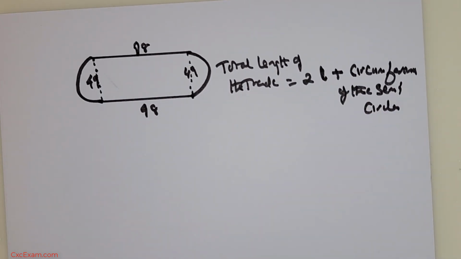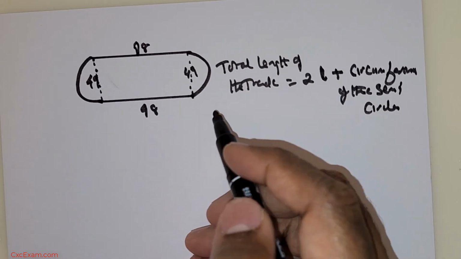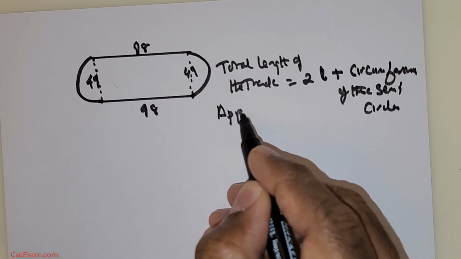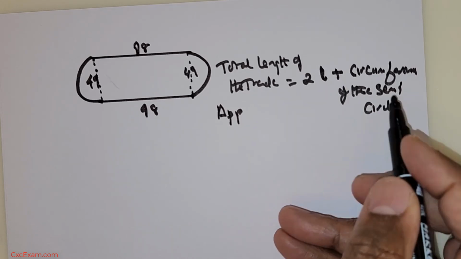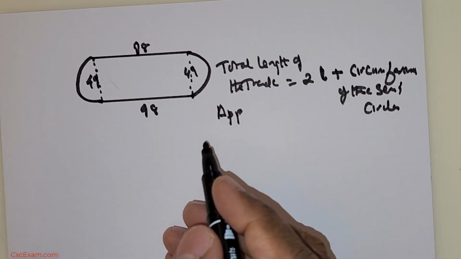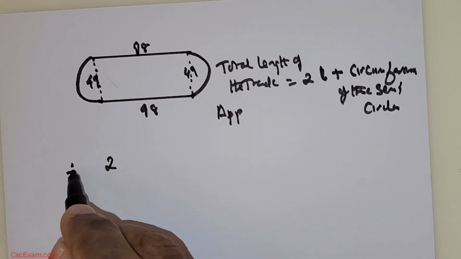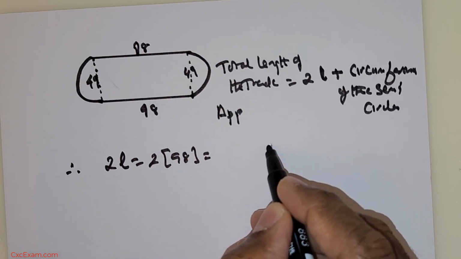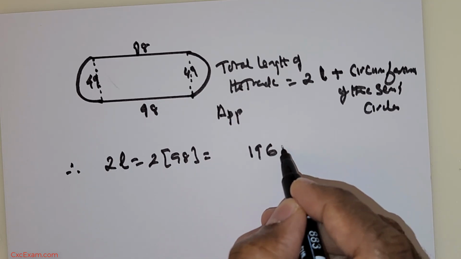If you want to create an application that can calculate all the tracks in the country which are of this fashion, then you can create an app with the following mathematical formula. So it is imperative to understand the formula first. So let me find out the value for 2 times the length. 2 times L is equal to 2 times 98, which is 196 meters here.